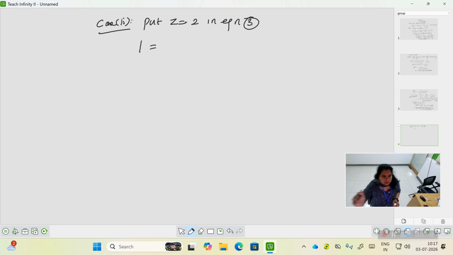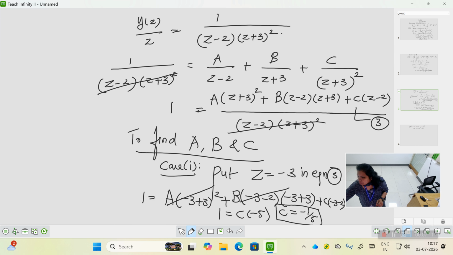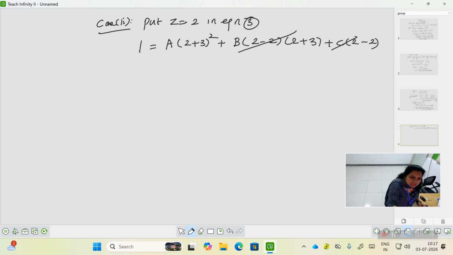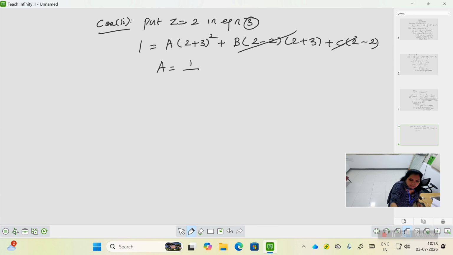You get A into (2 plus 3) the whole square, B into (2 minus 2)(2 plus 3), C into (2 minus 2). The B and C terms vanish. So A you will get as 1 by 25.